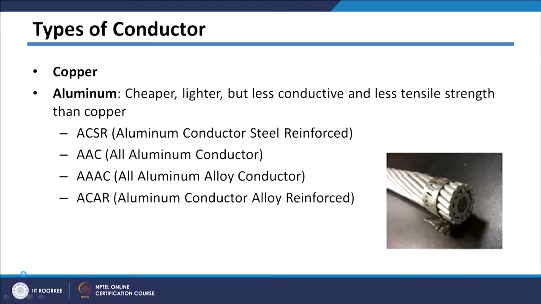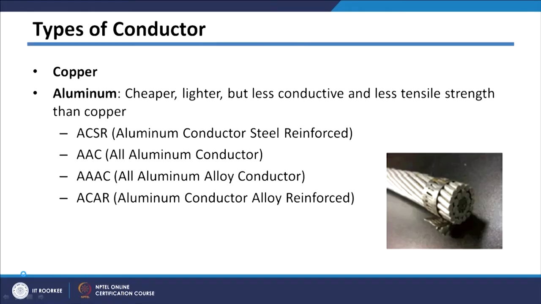Now let us start with this new chapter, which is basically calculation of series impedance of your overhead conductors or feeders. So we know that different types of materials are used for conductors. Those are basically copper and aluminum, and nowadays since aluminum is cheaper and lighter, it is widely used.